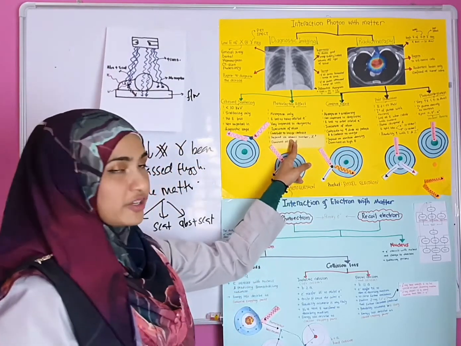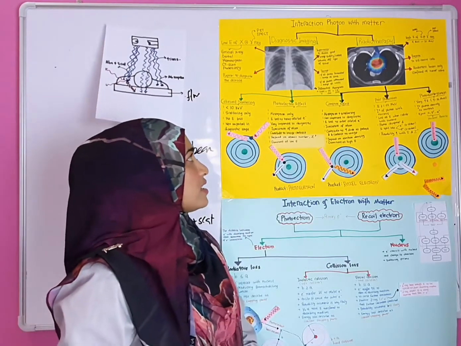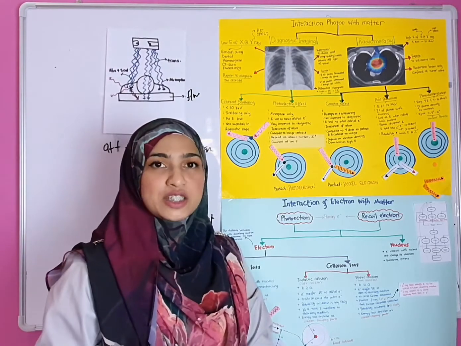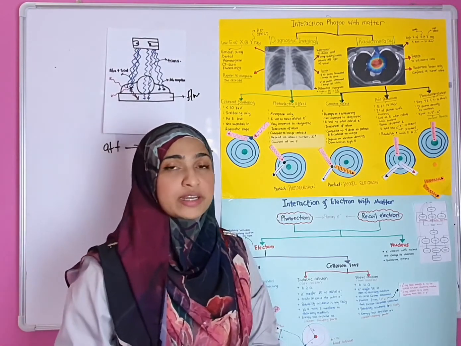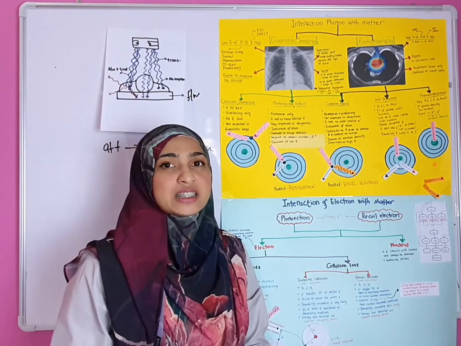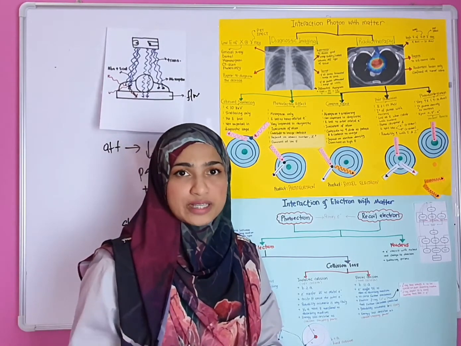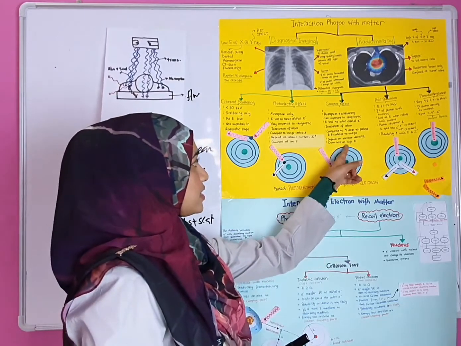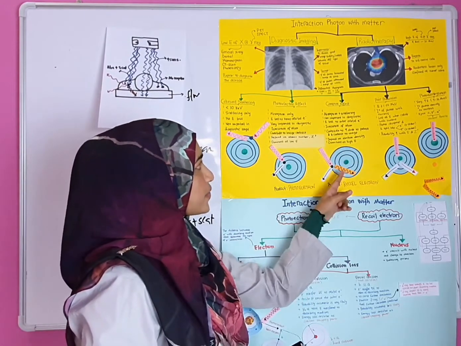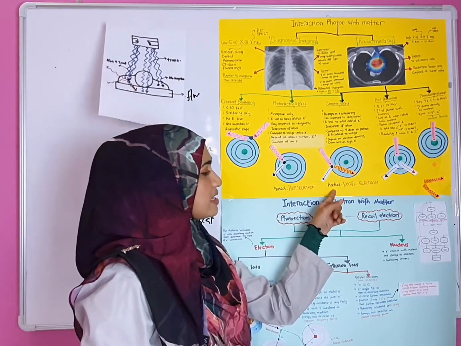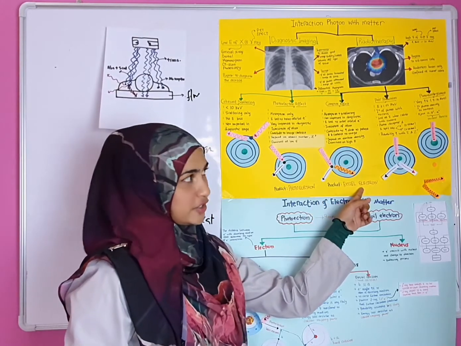Compared to the photoelectric effect, the Compton effect depends on electron density. What is meant by electron density? It is the amount or number of hydrogen within that particular organ. It is dominant at high energy. So the product of the Compton effect is the recoil electron.